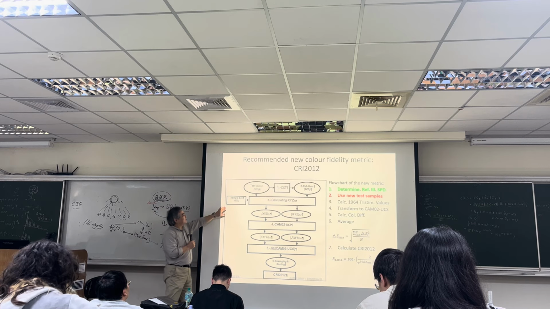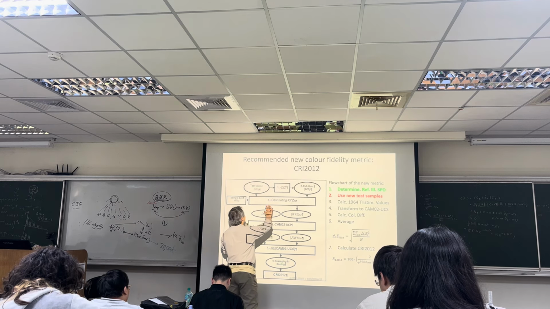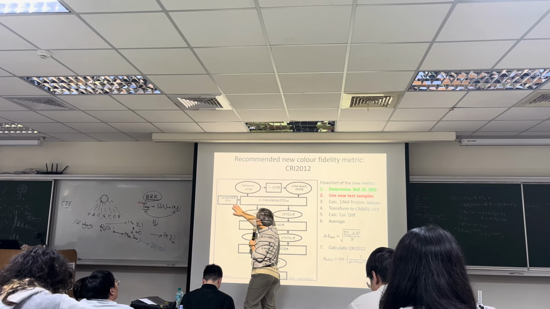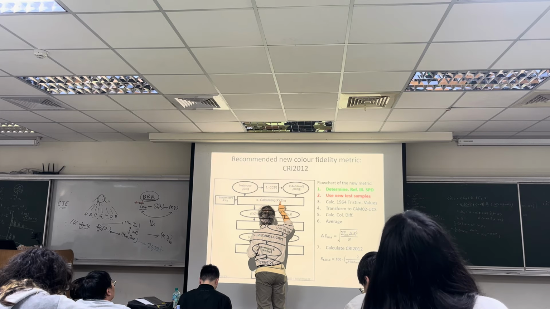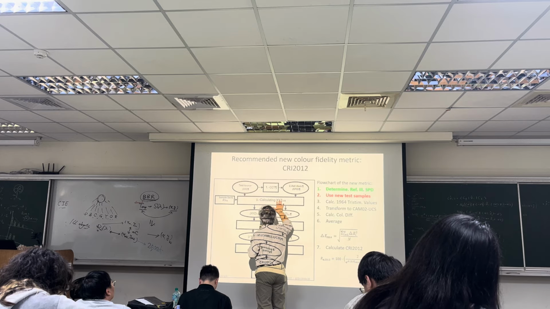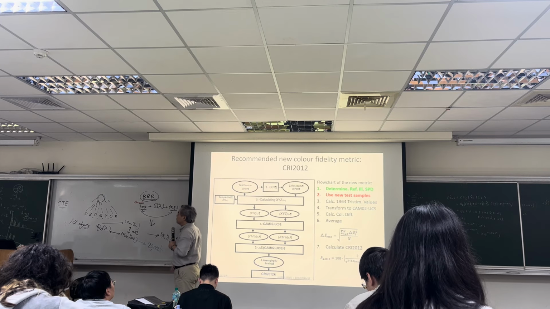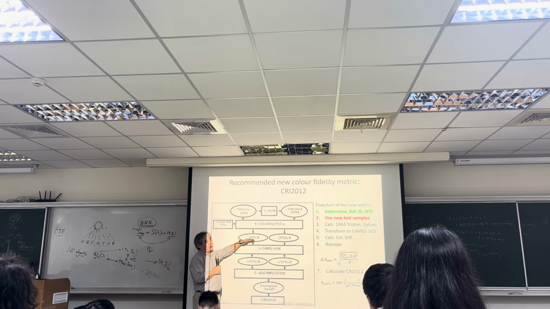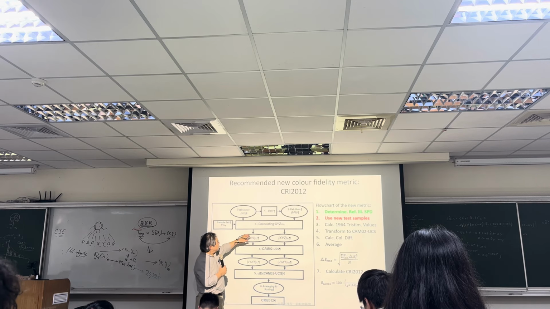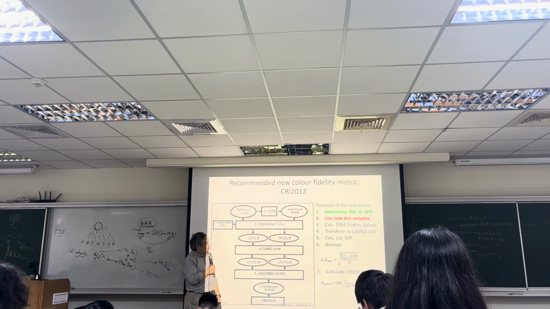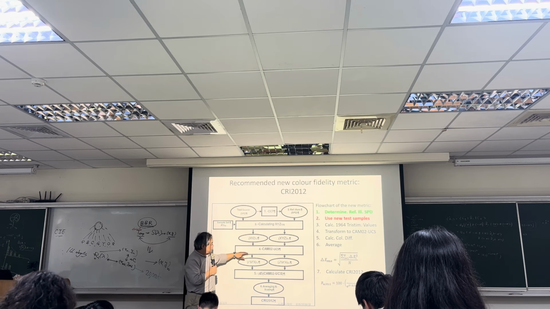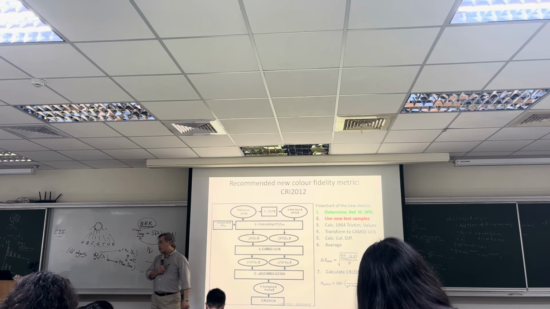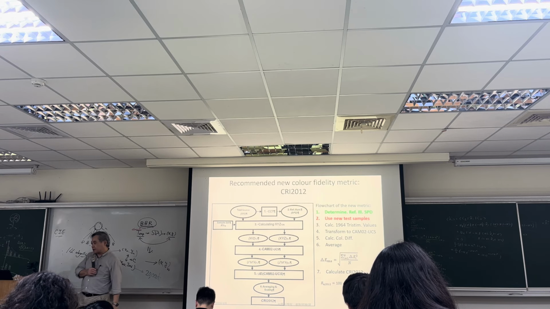Now you can test two light sources on 100 color samples, so you have 200 calculated color coordinates and 100 color differences. They adopt a new color space and use a color appearance model. What is the color appearance model?